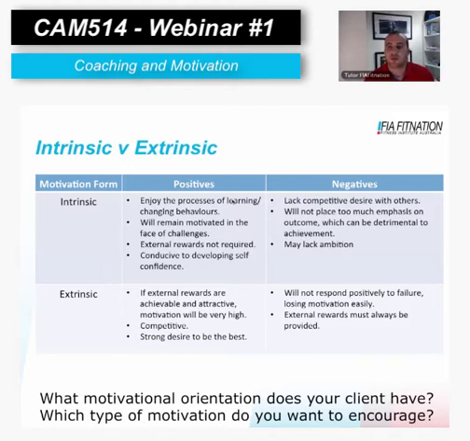First of all, they lack that competitive desire with others. Now, that may be an issue if you're working with athletes, for example. You want that competitive spark so that they strive to be the best that they can be, and it obviously is particularly important in competitive sports. The next negative is they don't place too much emphasis on the outcome, which can be detrimental to achievement.